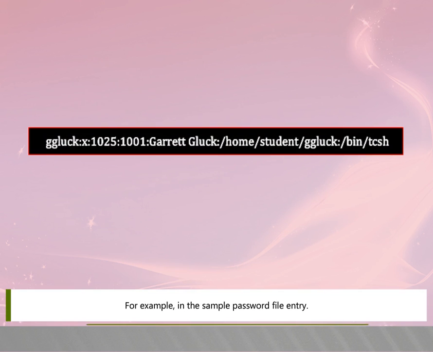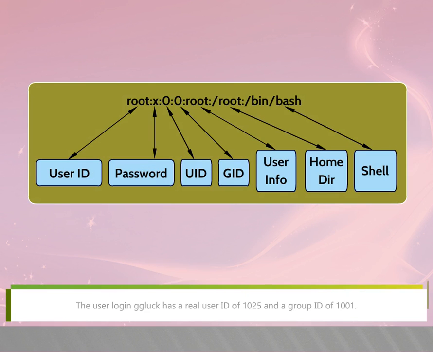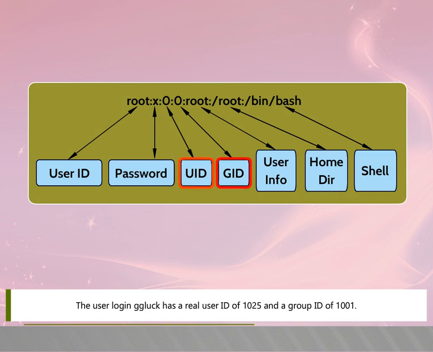For example, in the same password file entry, the user login ggluck has a real user ID of 1025 and a group ID of 1001.